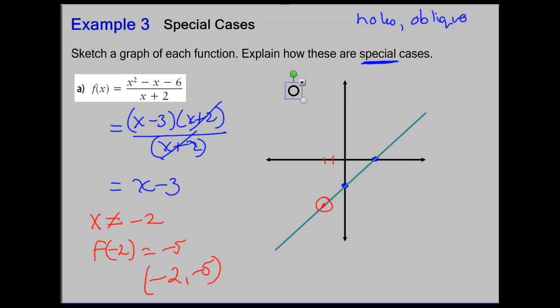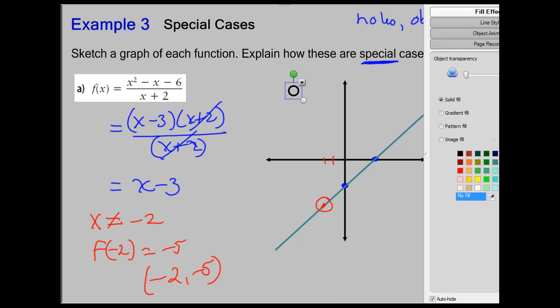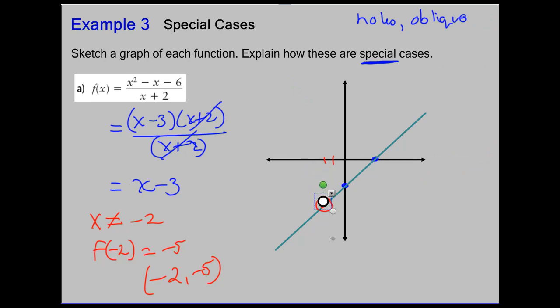But normally what we do is we just draw a line and then extend it. So this line would kind of fit right over top of that point. And we would leave it like that. So it would look something like this, that there's a hole in the function.